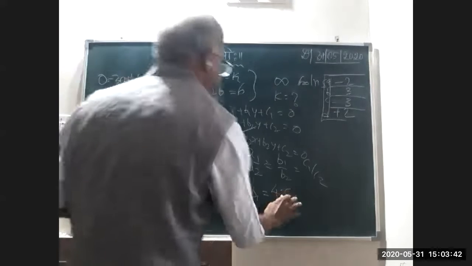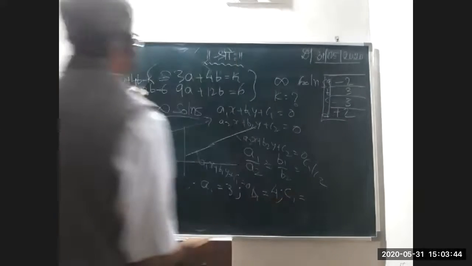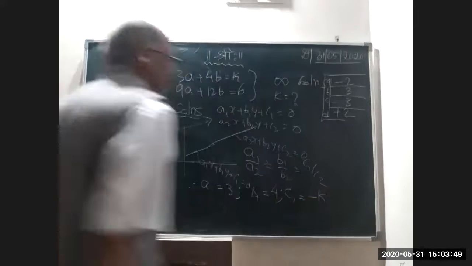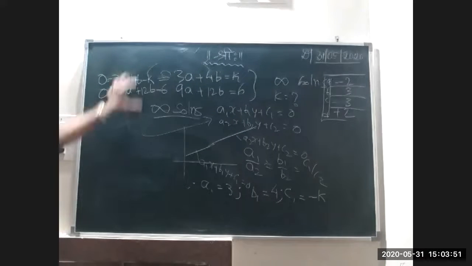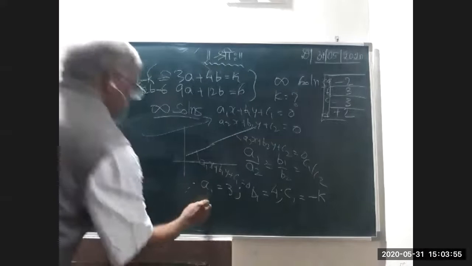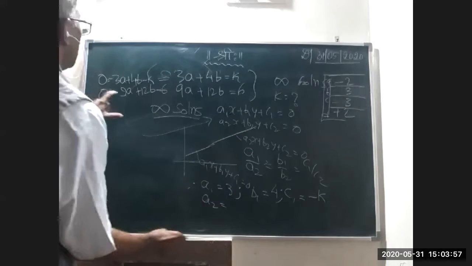Therefore, your c1 here is minus k, because there is no variable, you have to take the entire value. Now here, what is a2? 9.